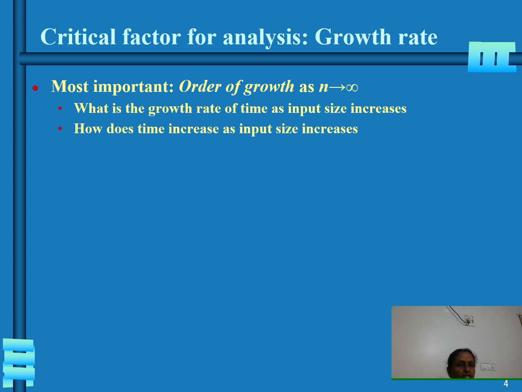The most important factor we have to consider while analyzing the efficiency of an algorithm is the order of growth, or the growth rate. That is, how does the running time increase when you increase the size of the input?